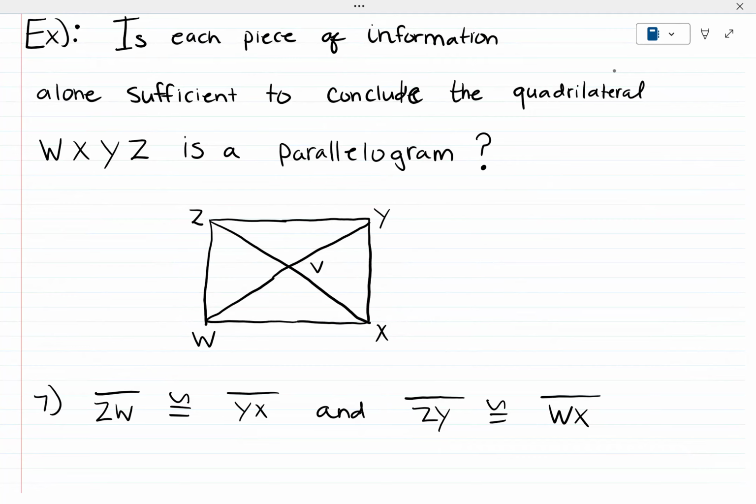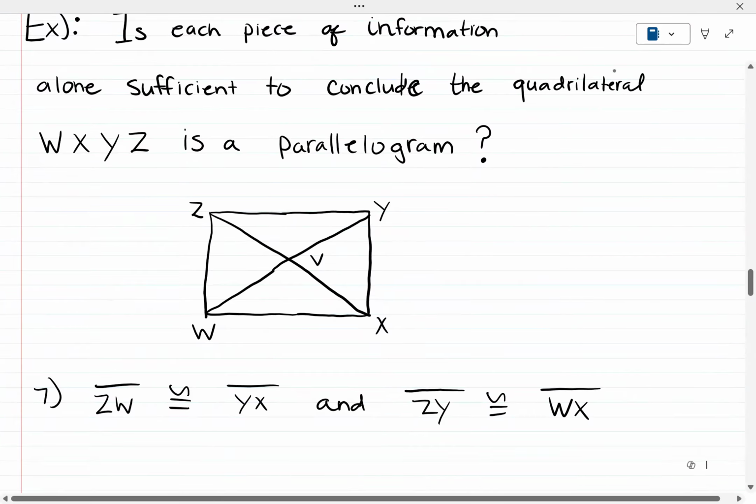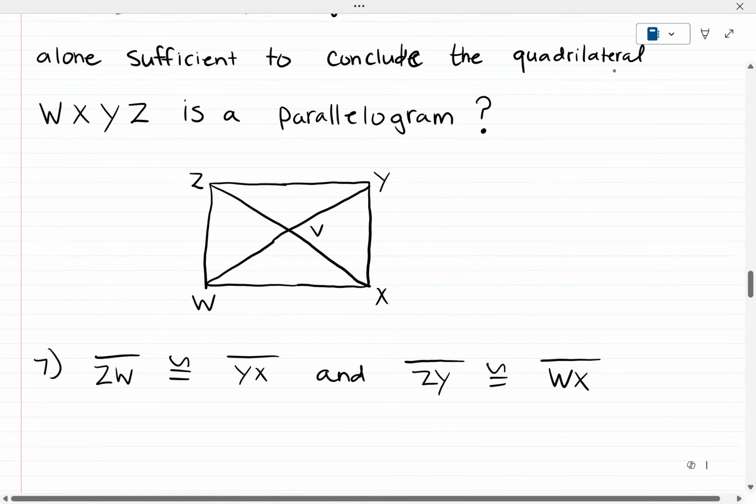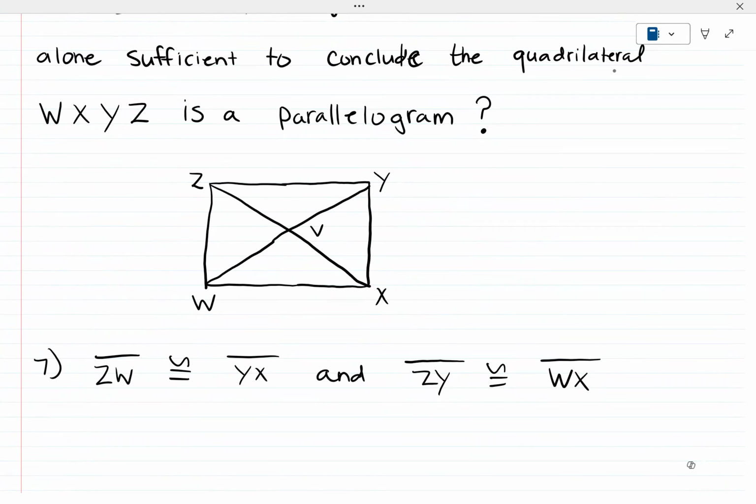So question 7 says, is line segment ZW congruent to YX and is line segment ZY congruent to WX? So first locate ZW. ZW is right here. Should that be congruent to YX? And then should ZY be congruent to WX?